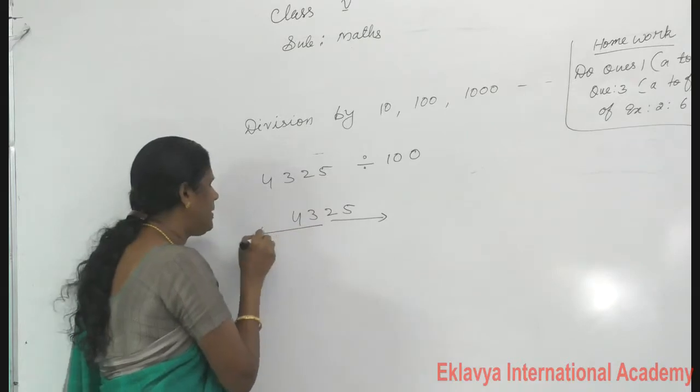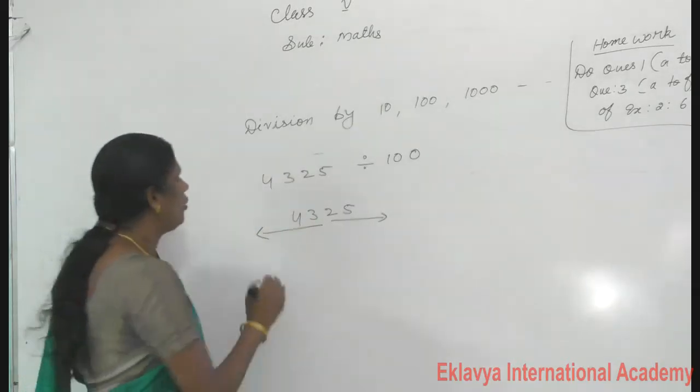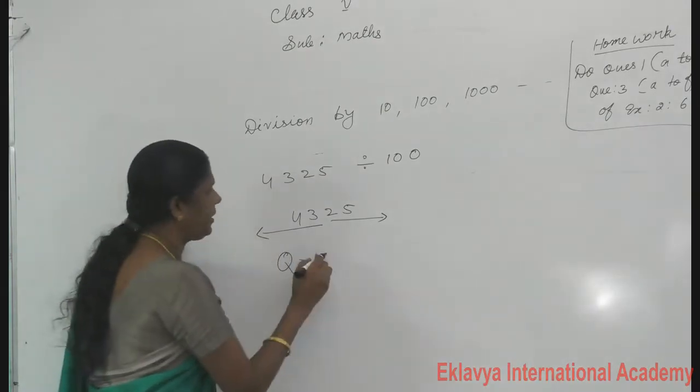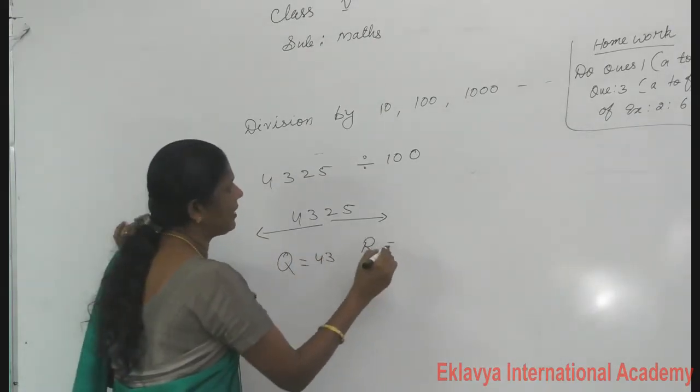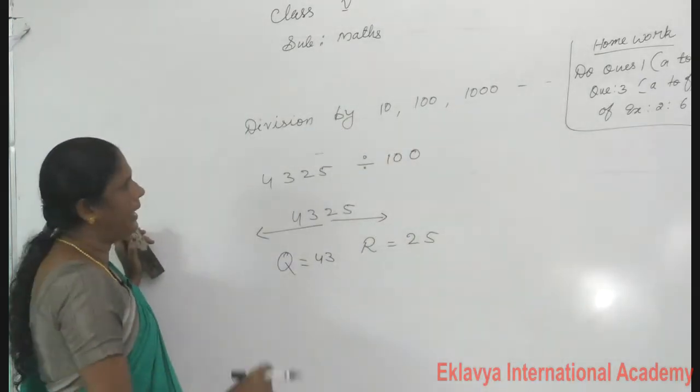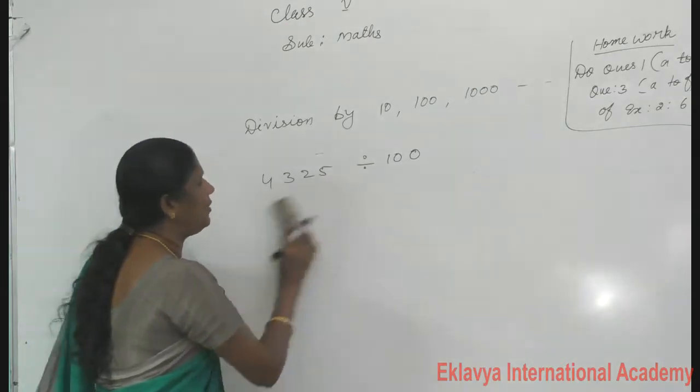Then the left number is the quotient. Quotient is equal to 43. Remainder is equal to 25. Understand?